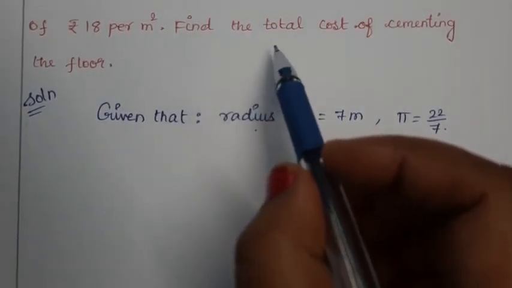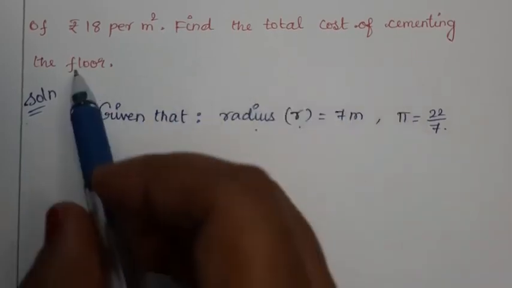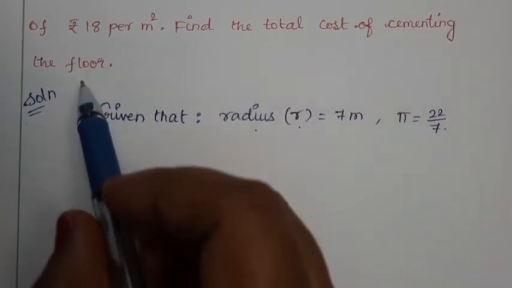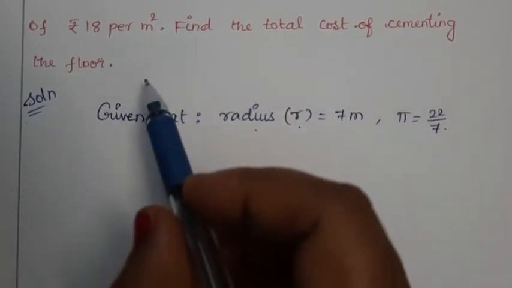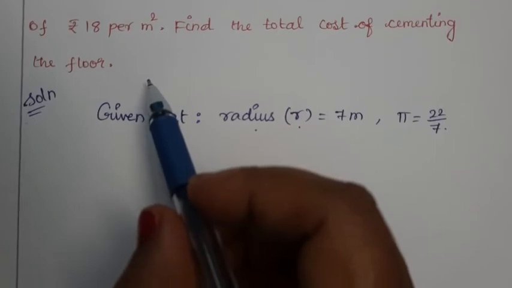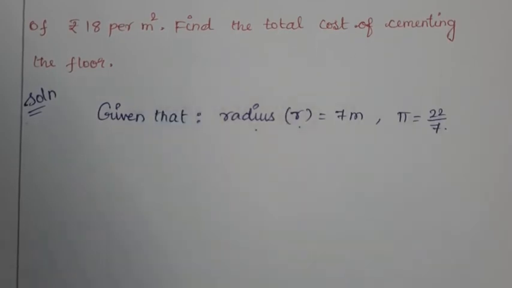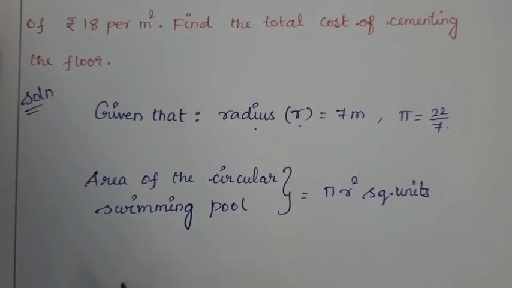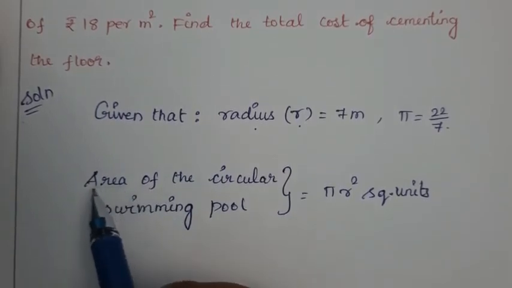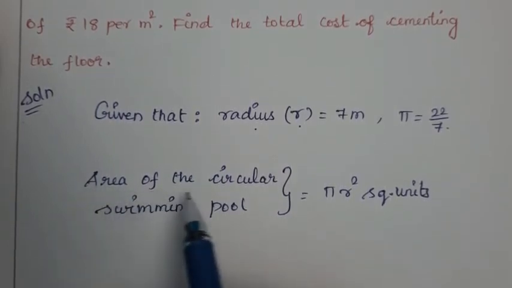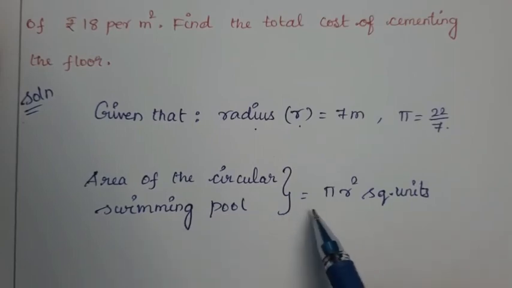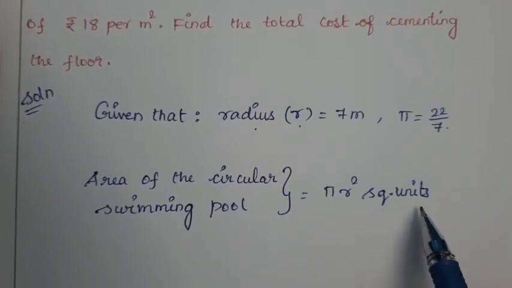Here we should find the total cost of cementing the floor. For that we should find the area of the circular floor, as we did in the last question, by using the formula pi r squared square units.